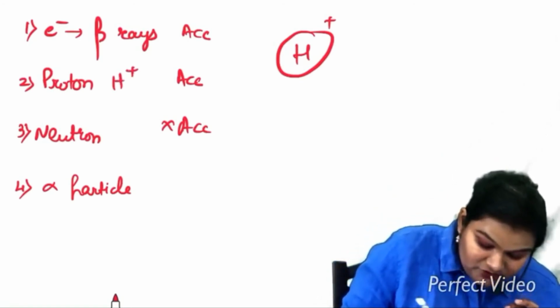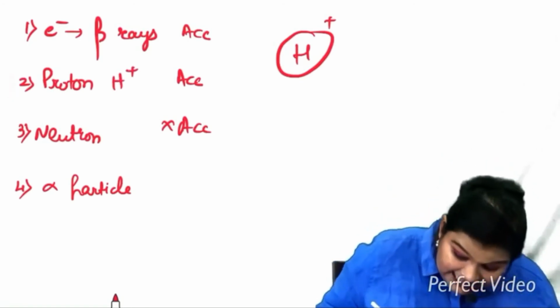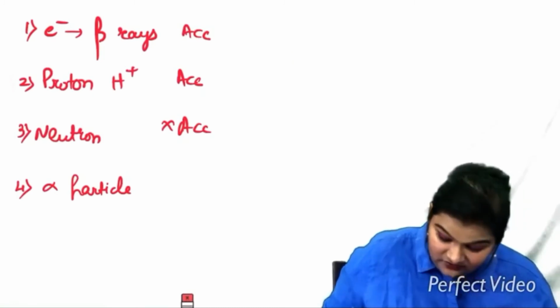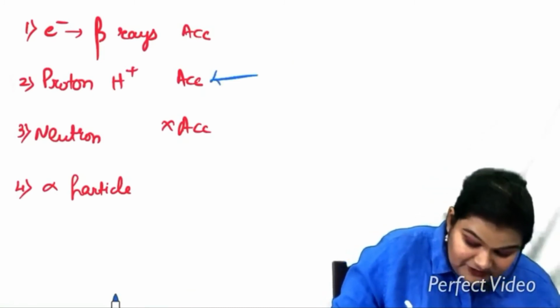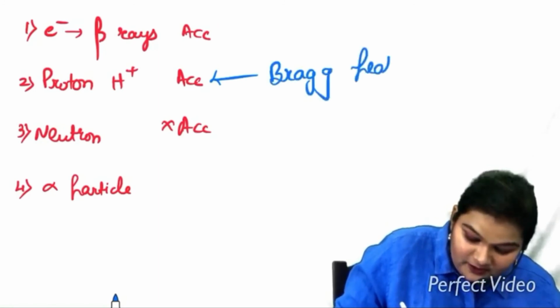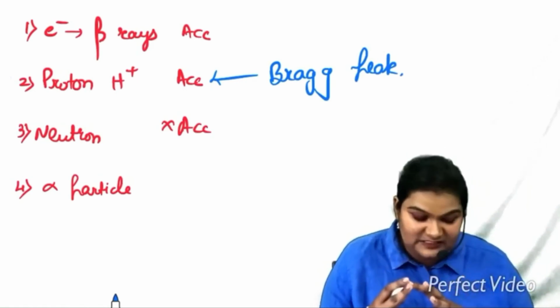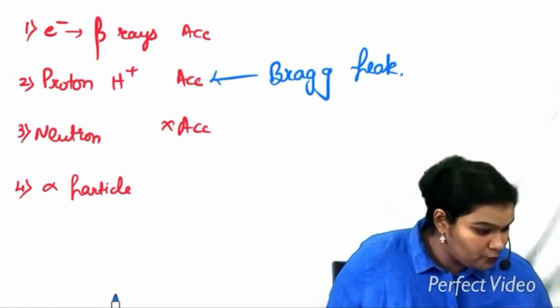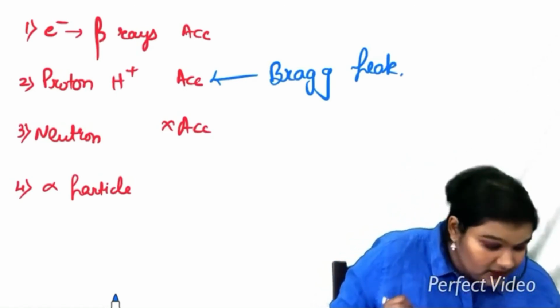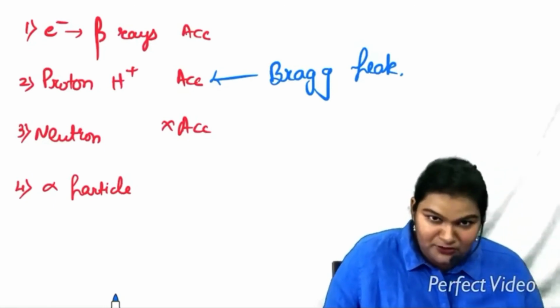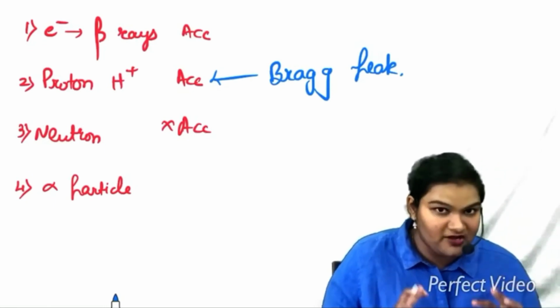It is hydrogen with one positive charge, and it is a frequently asked MCQ, it exhibits Bragg's peak. Just keep this in mind. They ask which of the following exhibits Bragg's peak. Those are protons. Then we are left with neutrons. They do not accelerate and they do not have any charge.